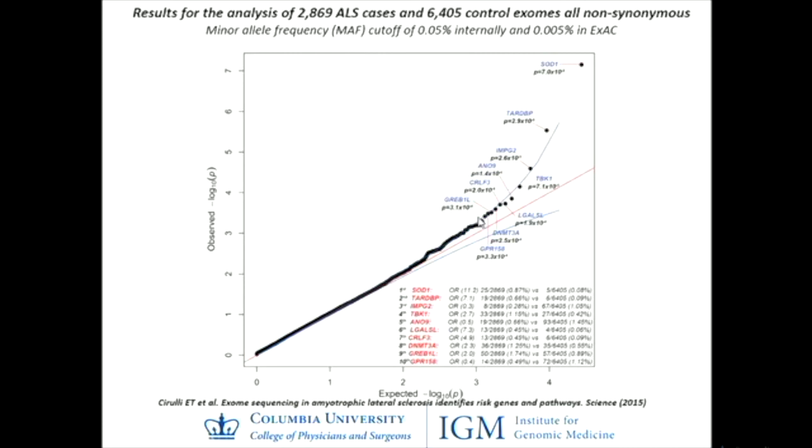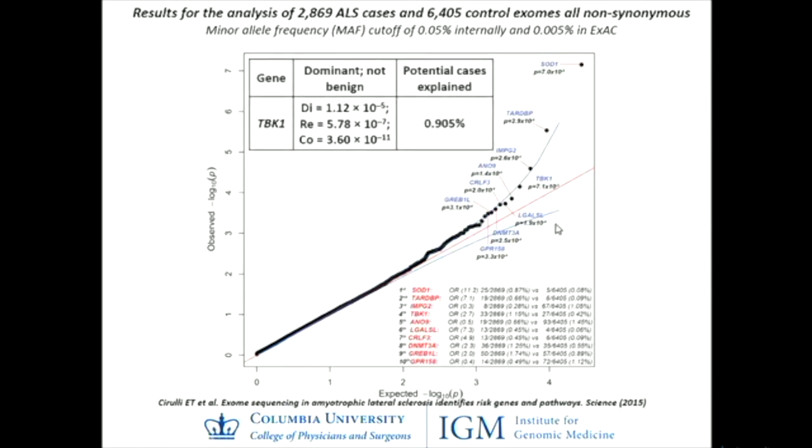And what that could indicate is that within this set of genes that are slightly elevated, with more power, you will start to see more of these actually become genome-wide significant. So what we did is we took a subset of these that were elevated, and we sequenced them in additional cases and controls. And one gene in particular, TBK1, we found that in a replication cohort was significant at 6 to the negative 7.